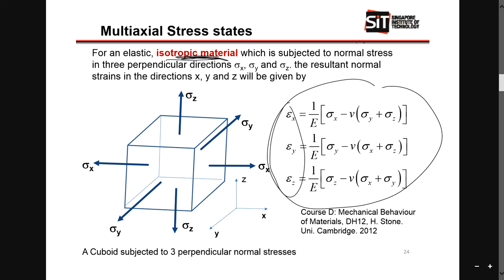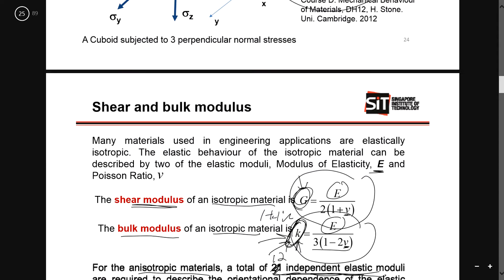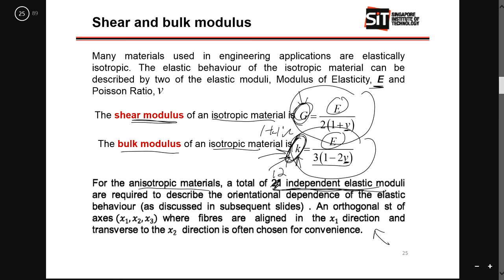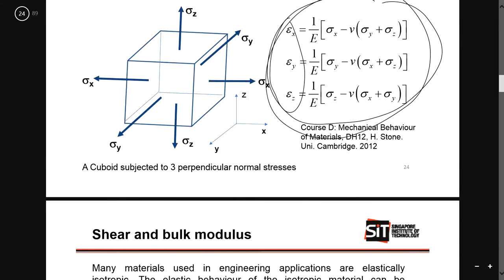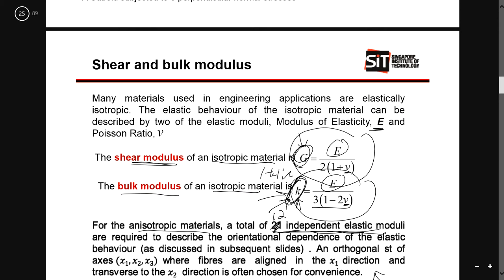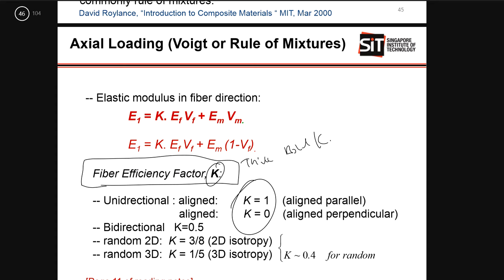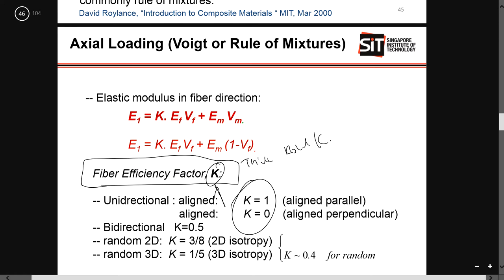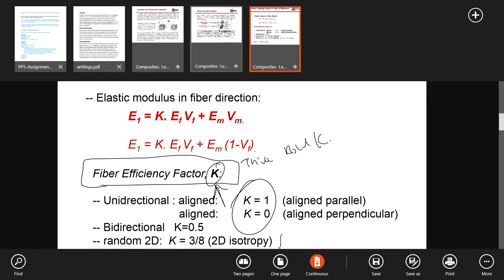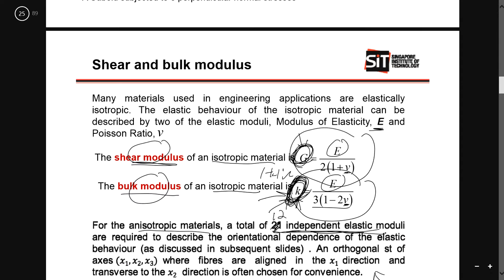To find your strain, this is the equation, remember. Then for isotropic material, you need to know your shear modulus G and your bulk modulus K for your matrix later. Don't mix your K with the fiber efficiency K in your slides over here. Yeah, and therefore this is for isotropic.